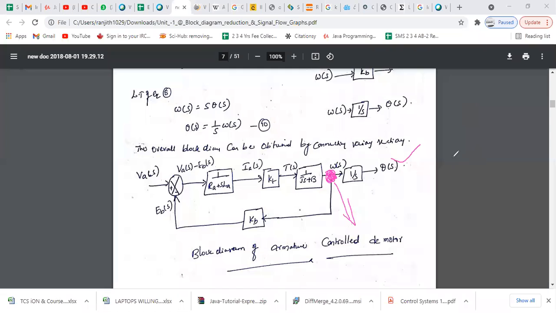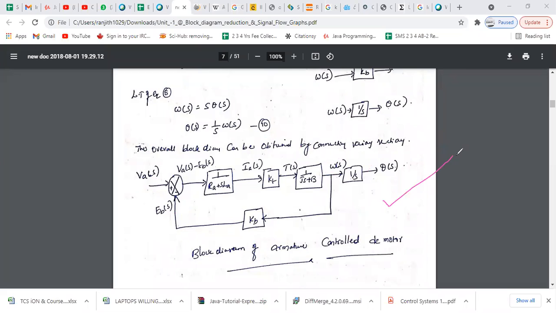Right. Why do you say it is a variable? What does theta of s depend on? If this varies, will theta of s vary? Yes, sir. If this varies, will Ia of s vary? Yes, sir. If Ia of s varies, will T of s vary? Yes, sir. If T of s varies, will omega of s vary? Yes, sir. If Eb of s varies, will omega of s vary? Yes, sir. All they are called variables. They are not constants. Okay. This is the block diagram of armature controlled DC motor. Is it clear, all of you?